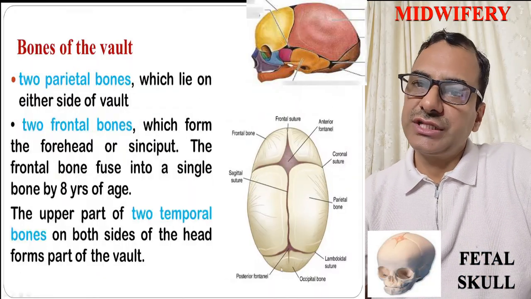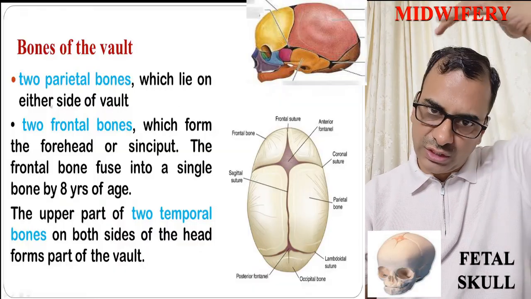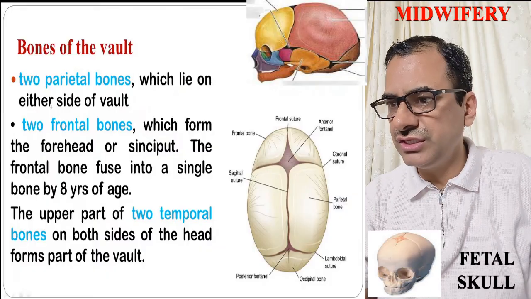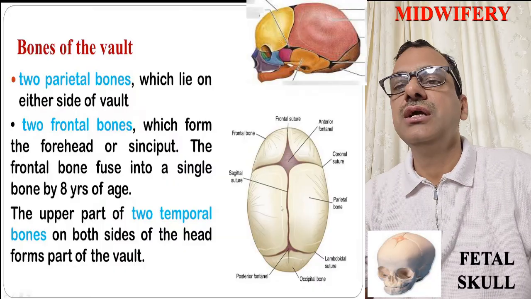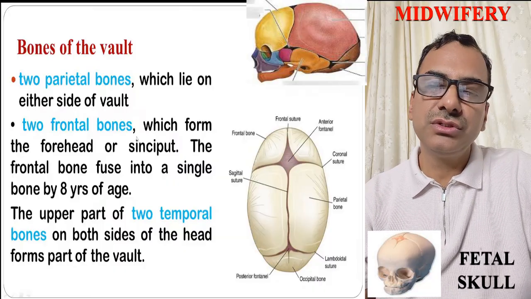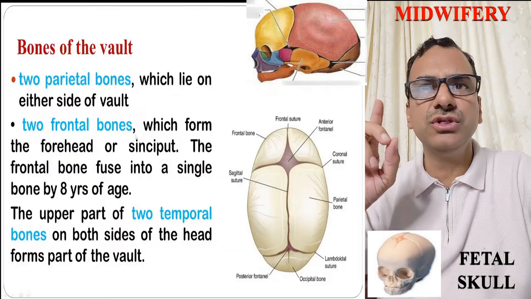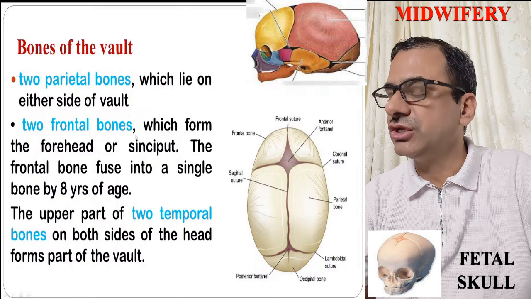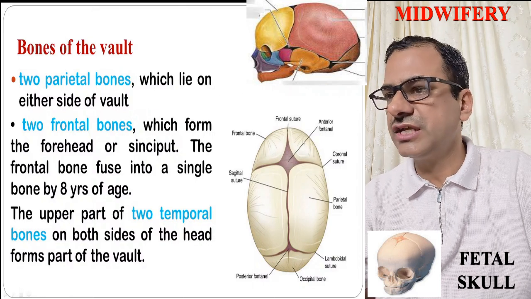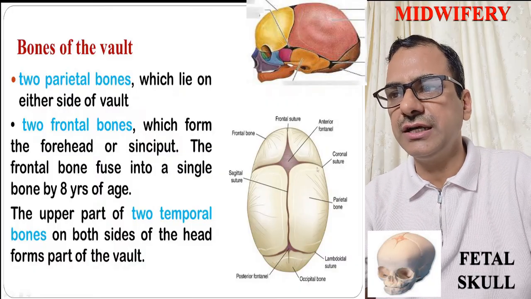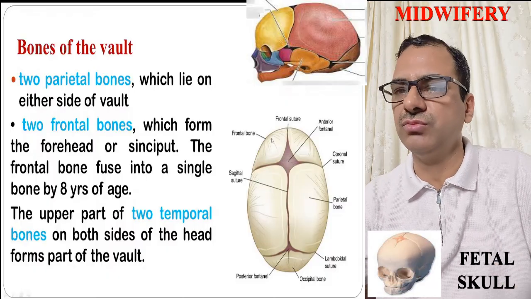Then two parietal bones are there, which lie one on either side. In this skull you can see these are parietal bones. Then two frontal bones. Here you can ask a question: frontal bone is one, so why are there two? Actually, just before birth the frontal bones are separate and they are two, but after delivery they fuse to each other and form one bone.